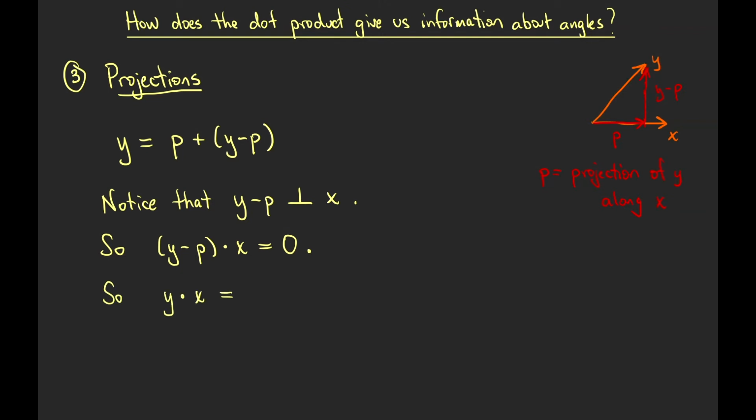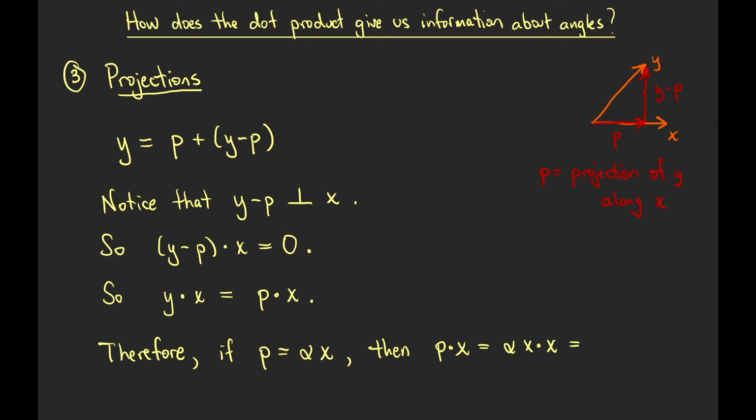So that allows us to compute y dot x in terms of p, because y dot x is just p dot x. Therefore, if p is alpha x, like it looks like in the picture, then p dot x equals alpha x dot x, and that's alpha times the length of x squared. Now we can solve for alpha.